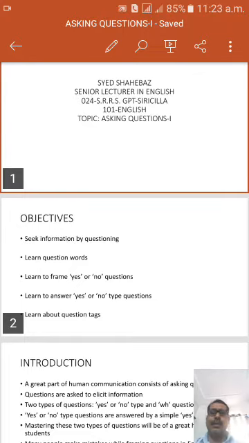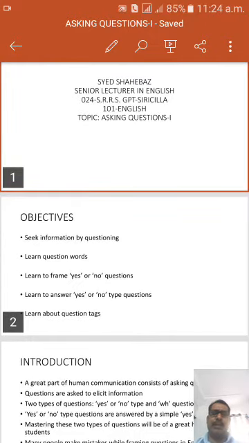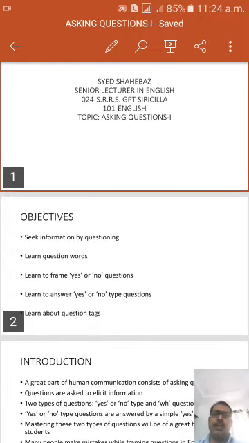The objectives of this lesson are: seek information by questioning, asking questions to seek information from others, to take information from others, how to ask proper questions, apt, suitable questions, well constructed questions, to seek the response, the information. So that is one objective.